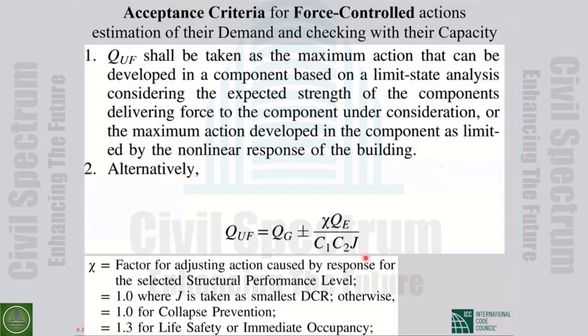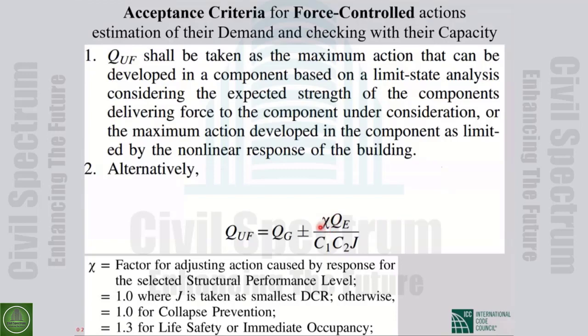Therefore, we need to use a factor to reduce the value for force control actions due to the damage of the deformation. So, for making a better estimation from the force control parameters, we need to make 2 adjustments.